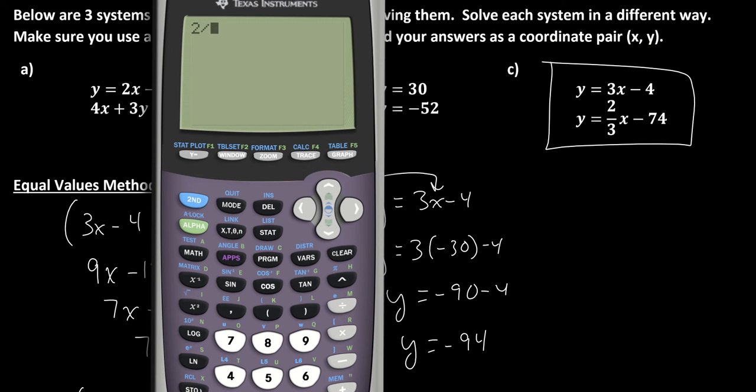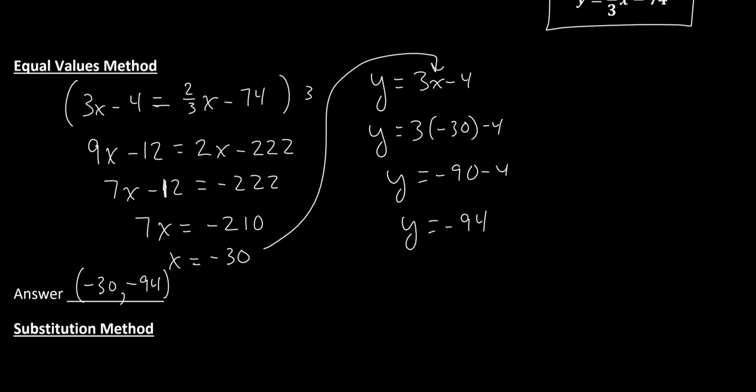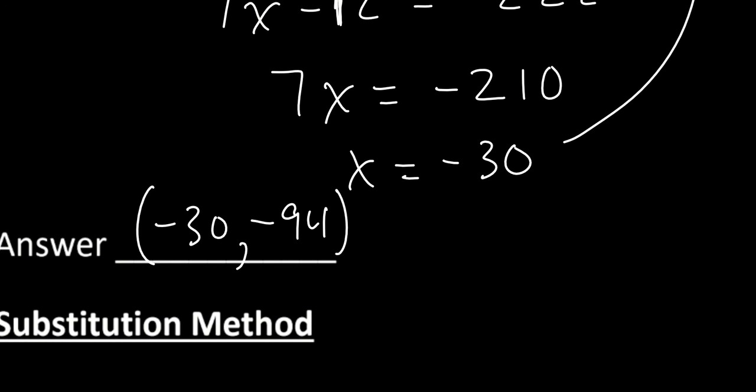So I'll just go 2/3, and I'll multiply like that. 2/3 times, then I'm hitting that little negative symbol, not subtraction, but negative 30. I'm sorry, 2/3 times negative 30, and then minus 74. And when I press enter, you can see it says negative 94 also. So that is definitely our solution.